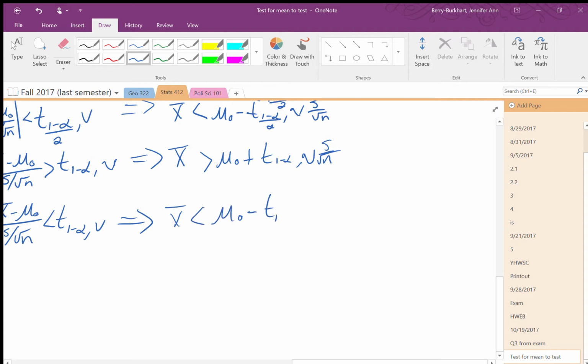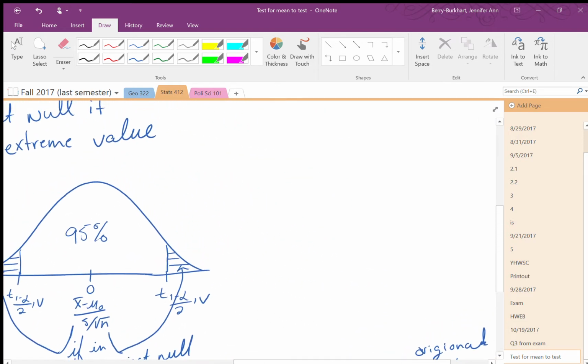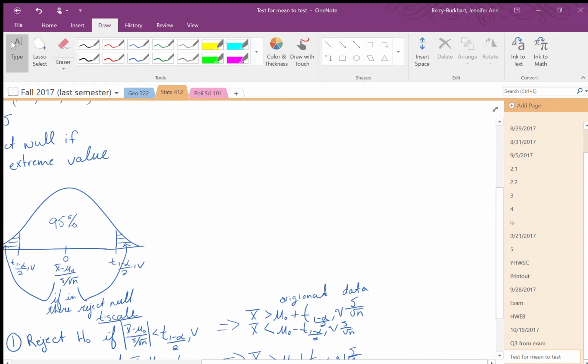The original data may look like this. Here's mu naught. Now it's not necessarily 0. Mu naught here can be, say, 10. Then I look at my data.